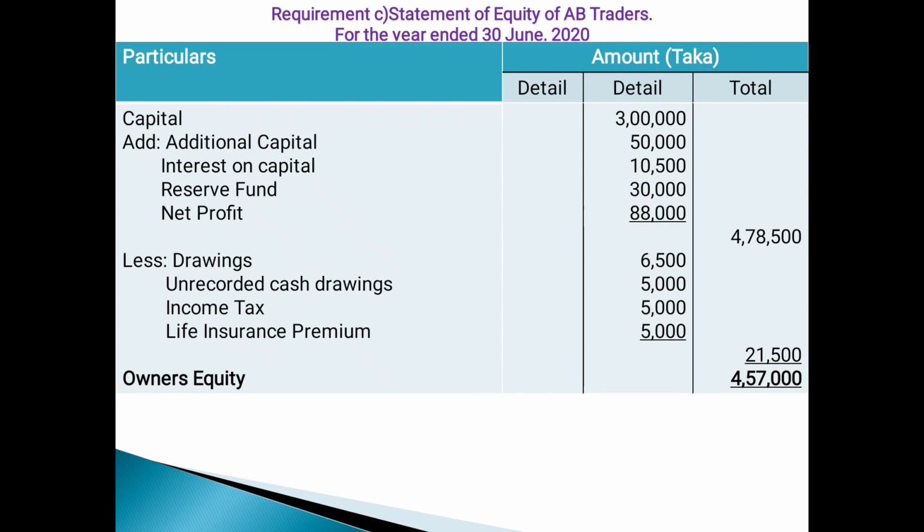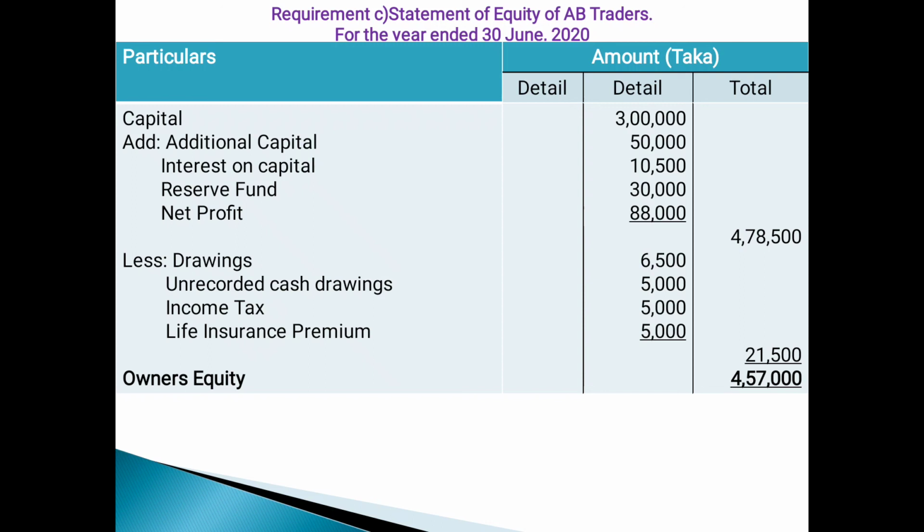Less, deducting total items, number 4 in this creative question. Drawings Taka 6,500 from trial balance. Unrecorded cash drawings from adjustment, Taka 5,000. Income tax from trial balance, 5,000 is written. Life insurance premium, Taka 5,000 from trial balance is written.